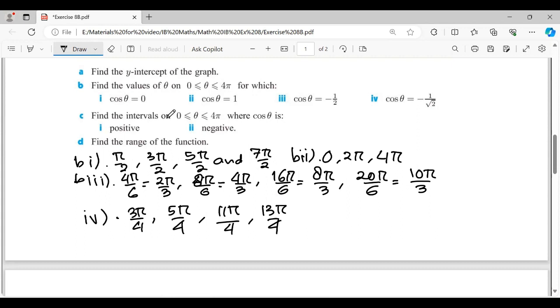Find the intervals of theta, if theta is in the interval from 0 to 4 pi, if cosine is positive.